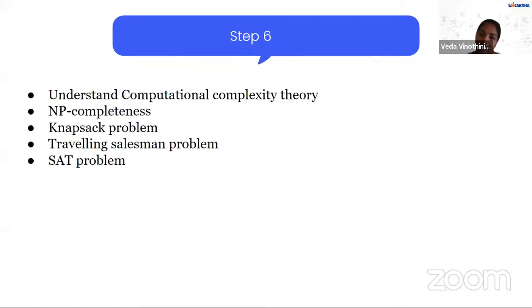Keep this as the last step, and learn about P and NP problems and the computational complexity related to that, and learn about the knapsack problem, traveling salesman problem, and SAT problems. If you learn in this particular manner, then everything will be covered in all DSA concepts.